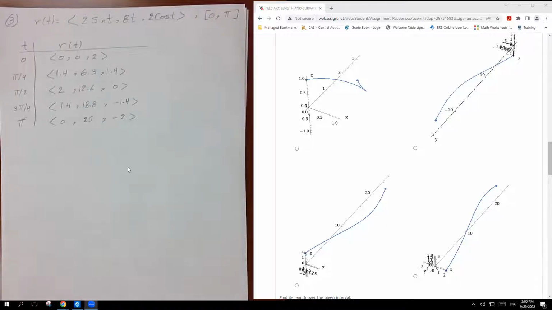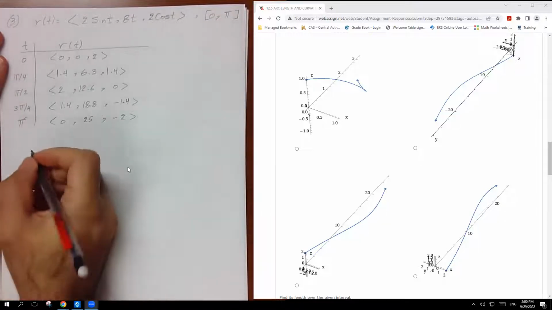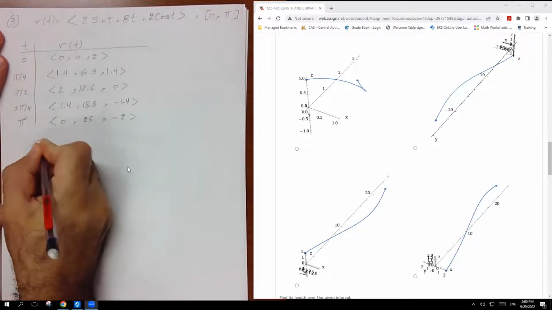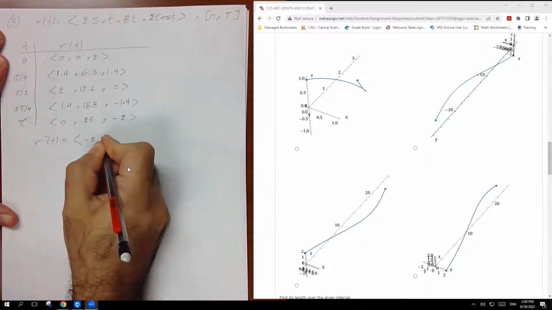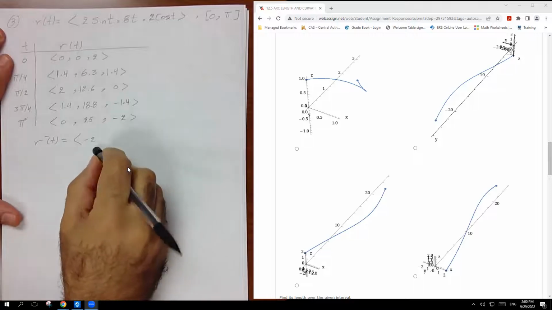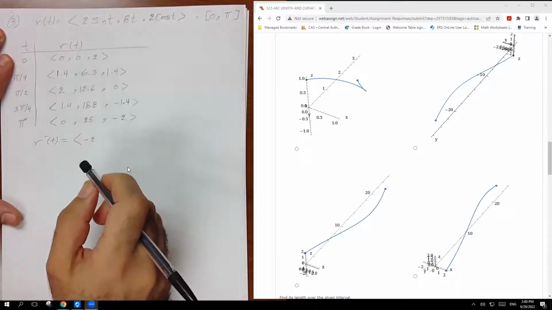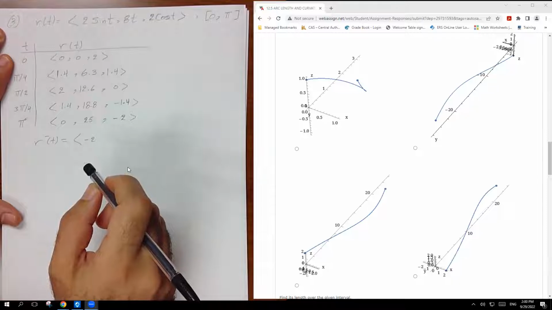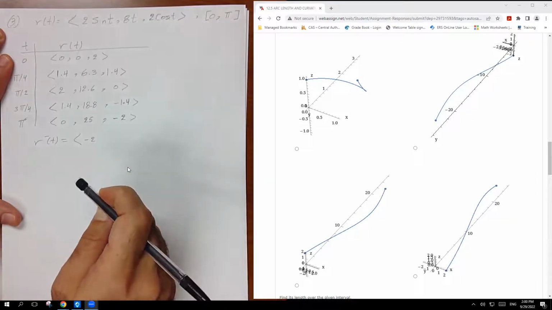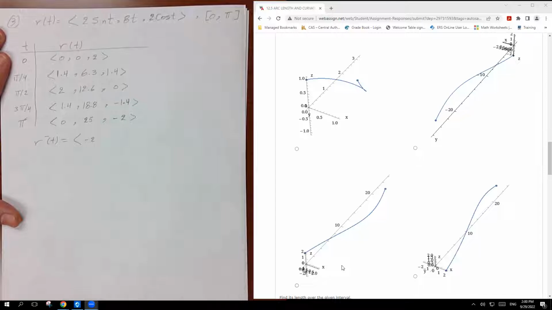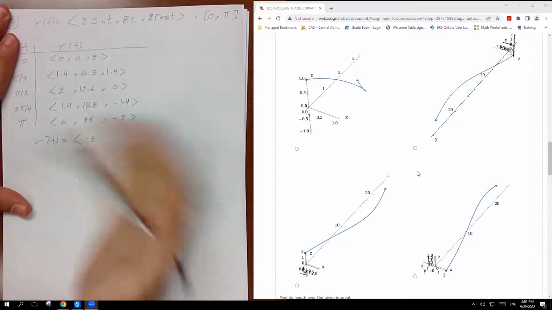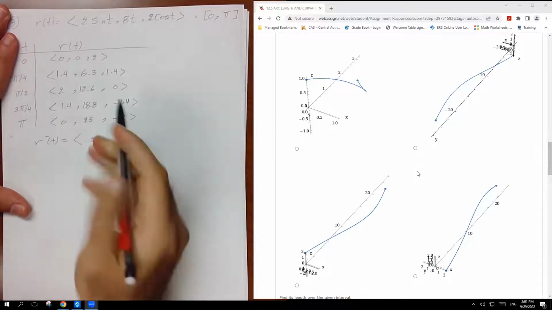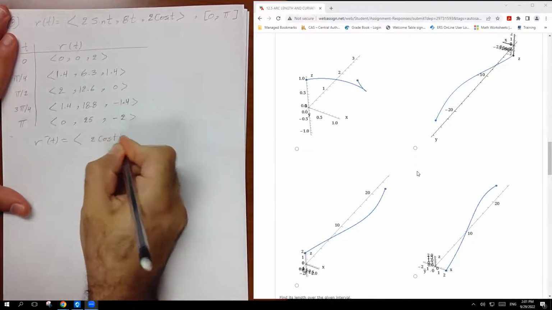Now to find the distance, we can't use the distance formula, so we're going to use the integral. Before I start doing the integral, I'm going to find r prime, which is equal to -2 sine, cosine, the derivative of -2 cosine t, is going to be 2 sine t.